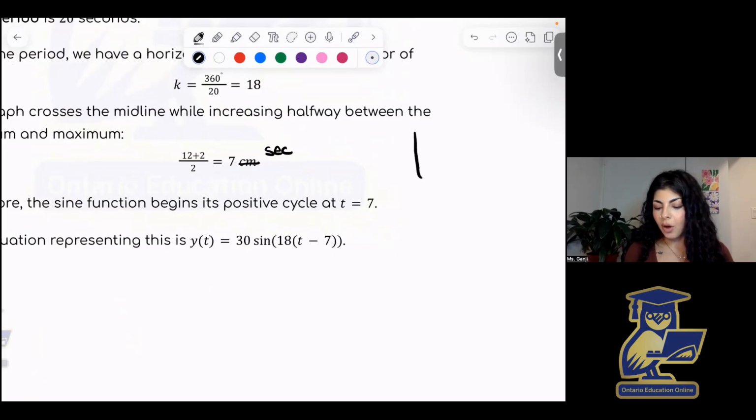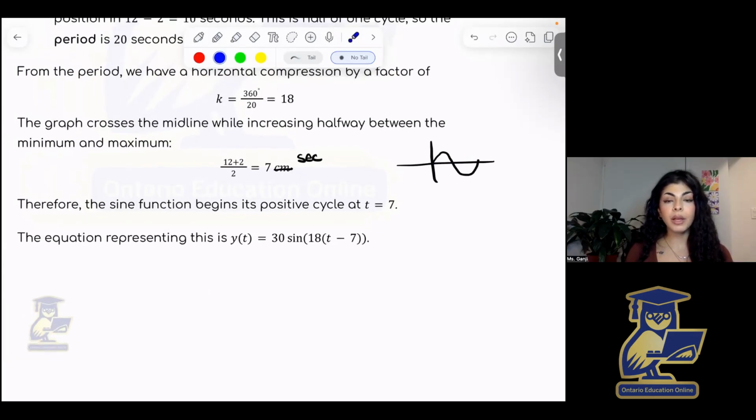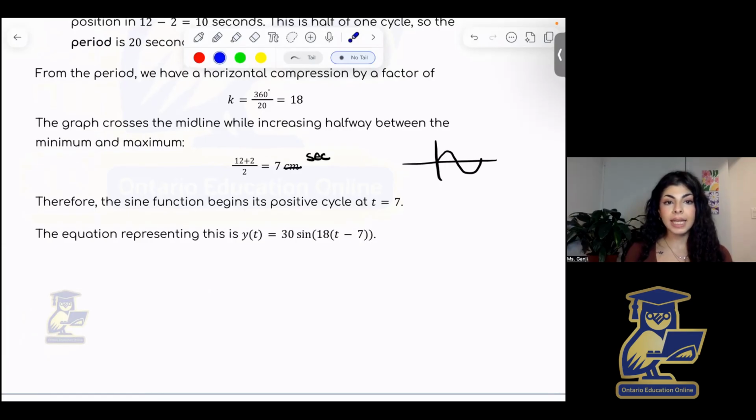Which means that, knowing our graph of our sine function, the positive cycle is going to start at time t equals 7, which means that we are first shifting our complete graph by 7 seconds to the right for this to go upwards at 12 seconds and then go back down. And also from the opposite way, if we shift from this minimum 7 over, then that's going to be the minimum at time t equals 2 seconds.